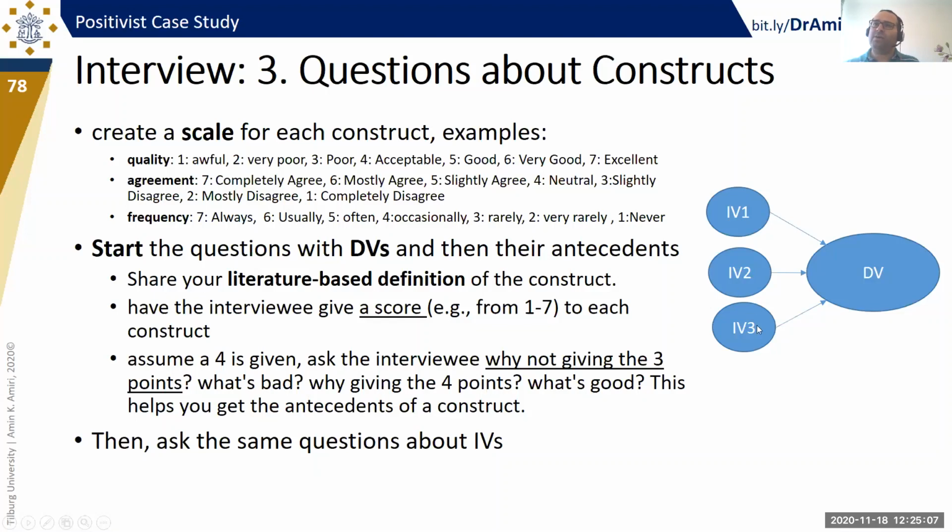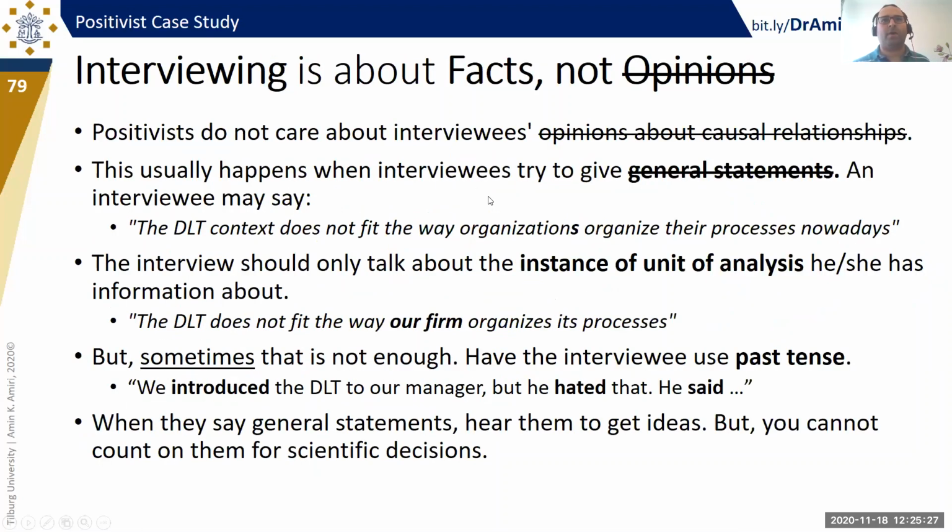Then you can ask what was good about this. Then hopefully you get some of these constructs and hopefully you find some missing constructs that are not provided here. Even in an explanatory case study, you try to find missing constructs. Of course, not a lot of them, but some of them.